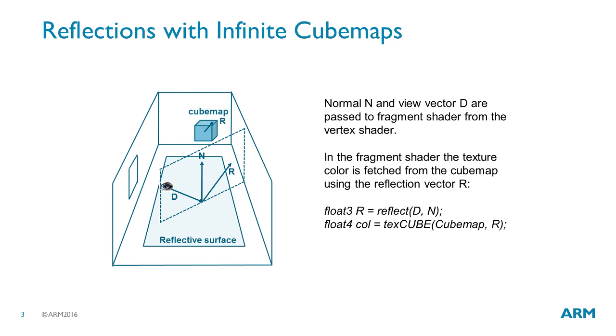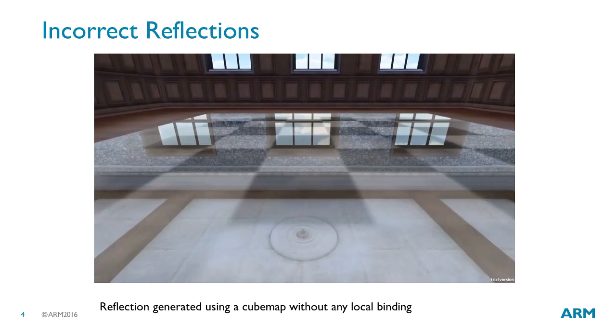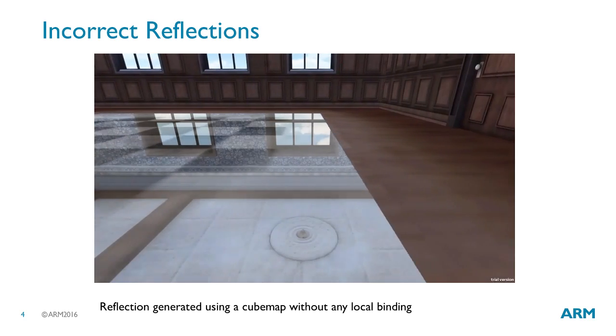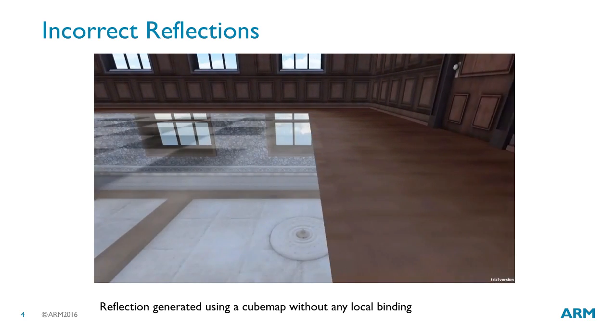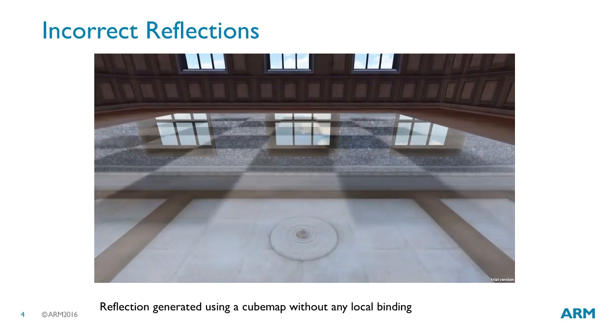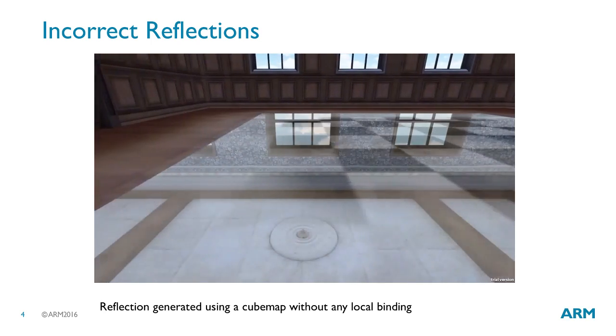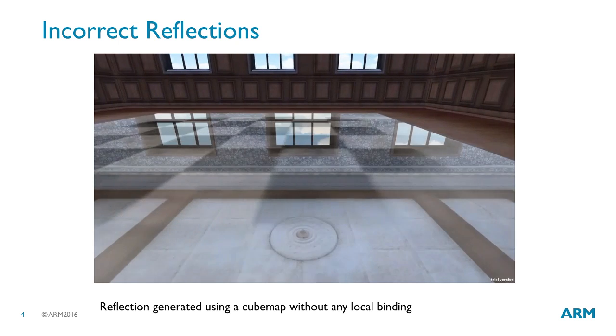So something is wrong there. What we are missing there is the binding with the local environment, because the reflections not only depend upon the angle, I mean the view vector and the normal to the reflecting surface, they depend also on the position where the viewer is, okay?